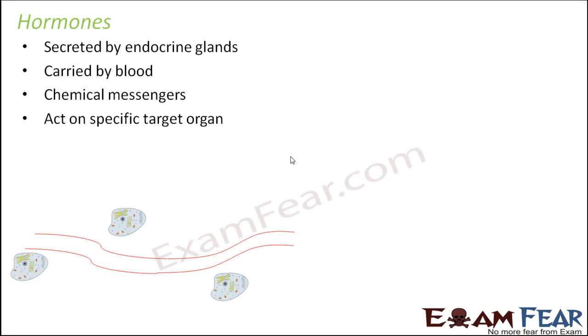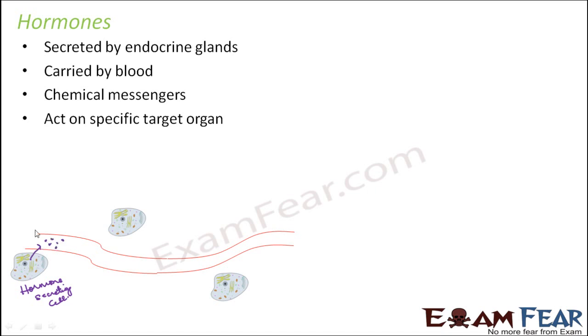Okay. Now let us suppose here in this picture, these are all cells. Now let us suppose this is the hormone secreting cell. So now let us suppose this cell secretes hormones.